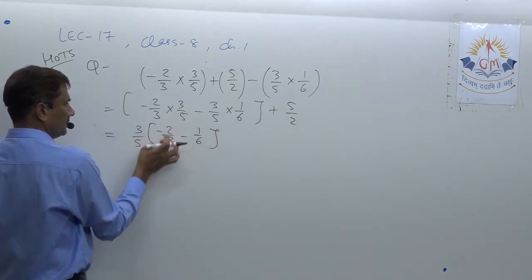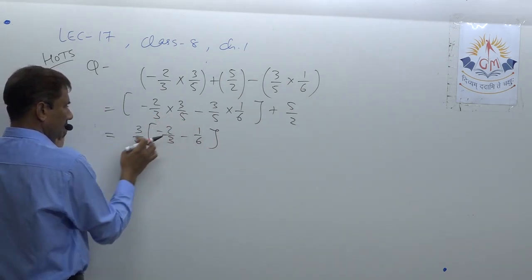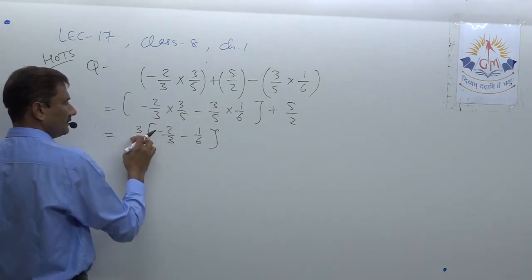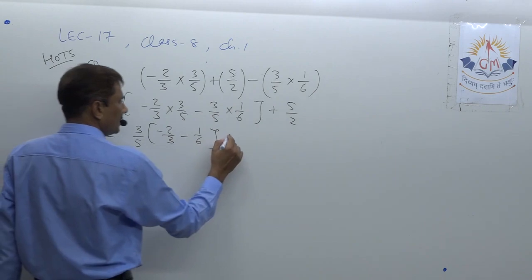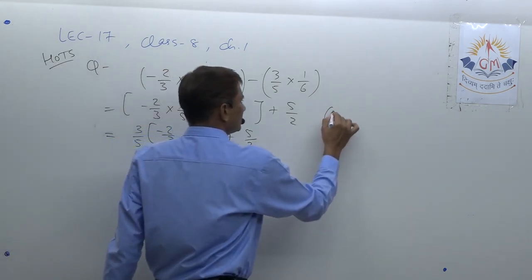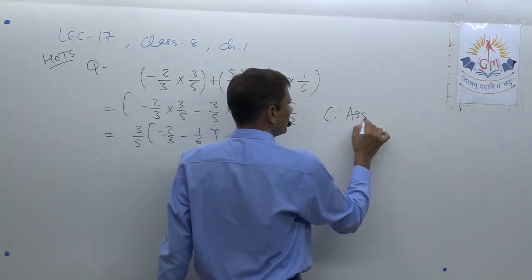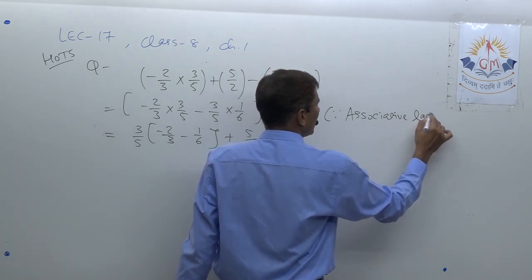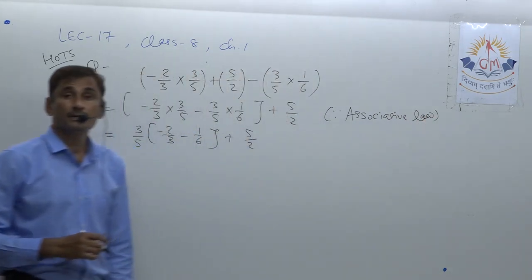Out of this one, this is left, this is already outside. Now whatever sign is here, just put it. 3 by 5 came outside, 1 by 6 left. Nothing to do for 5 by 2. Here you can say associative law. Associative law means to combine any two terms.